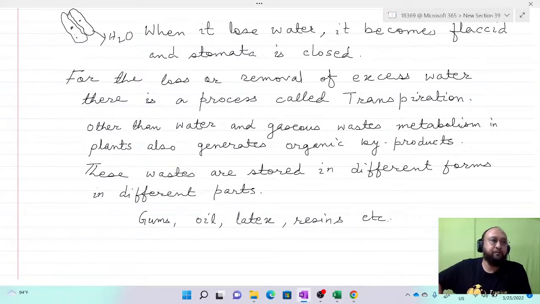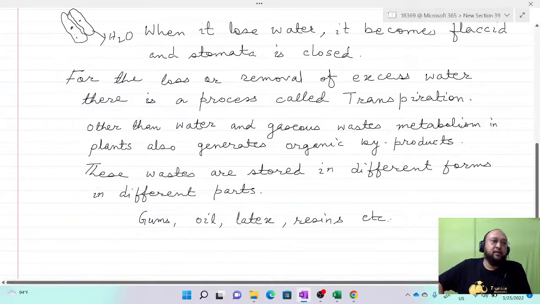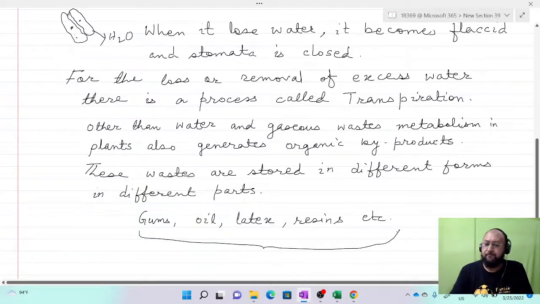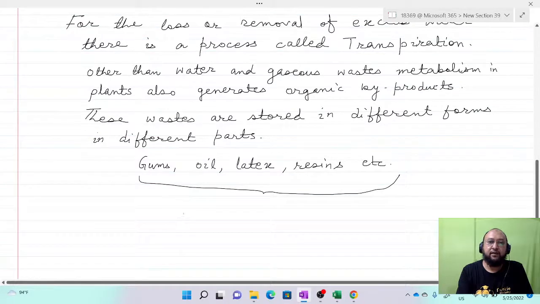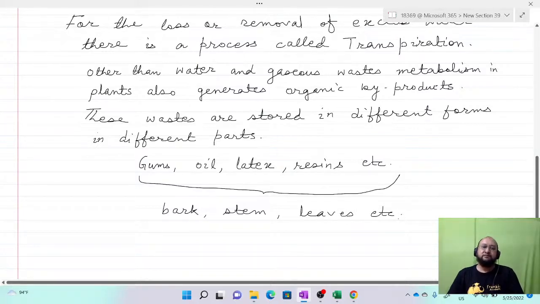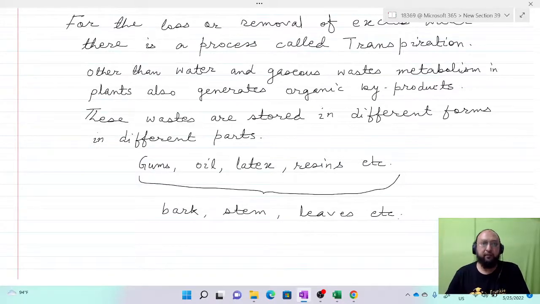Okay, these are the common examples of the organic byproducts which are formed and stored in the plants. These products are stored where? In bark, stem or leaves, etc. Okay, so these are the organic byproducts.